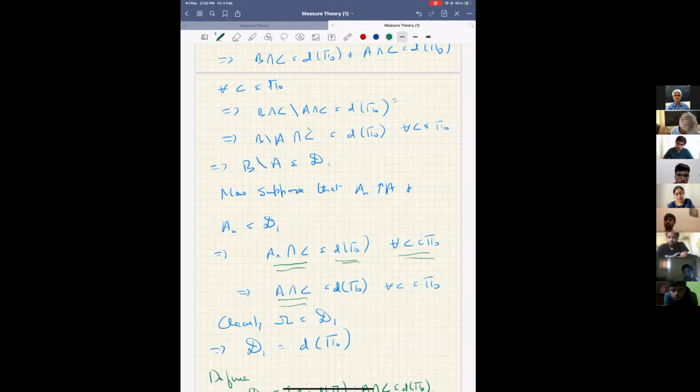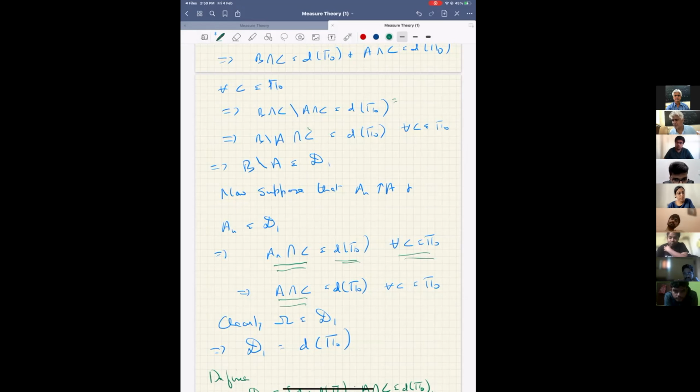So A intersection C belongs to D of pi 0, and that for all C in pi 0. So that means A is also in D1. So your D1 is equal to D of pi 0. Right? That's what we want to show.